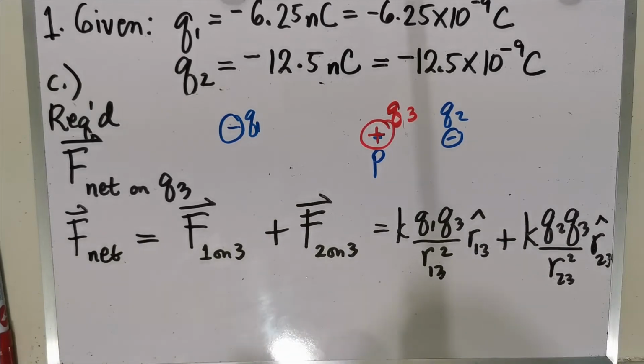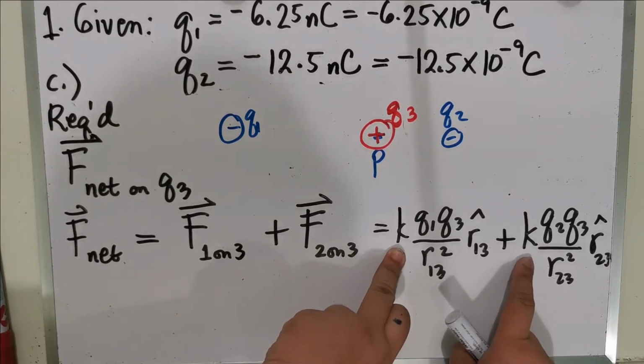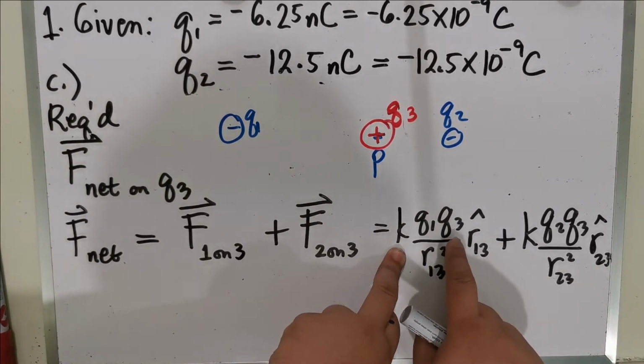Take note that the common factor of the two, aside from K, is their Q sub 3.